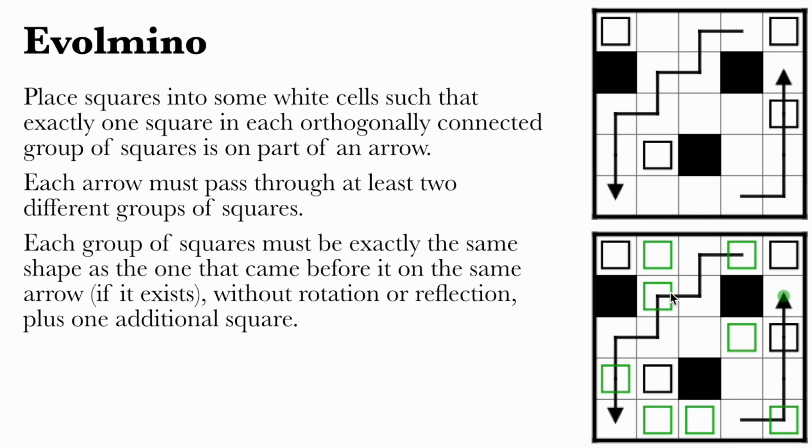Then, following along the length of the arrow, we get to this one, which is that domino plus another square below it. And then finally down here, we get these three cells, again, with another one added on. And by the same token, this one has a single square, and then later a domino. Those are the rules of Evolmino, so it's time to solve a puzzle.